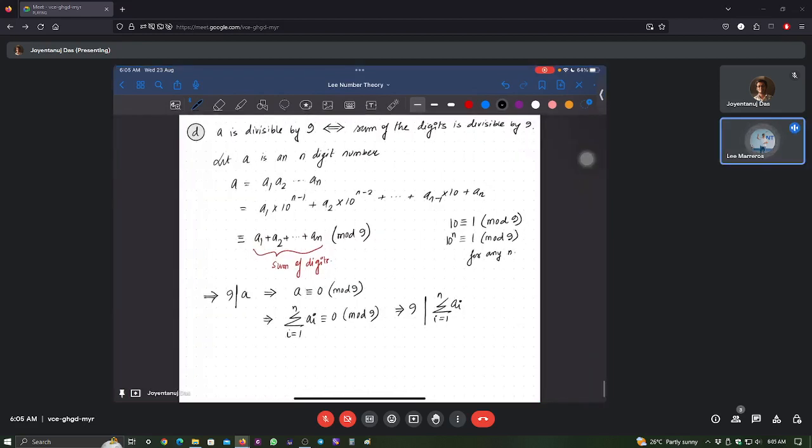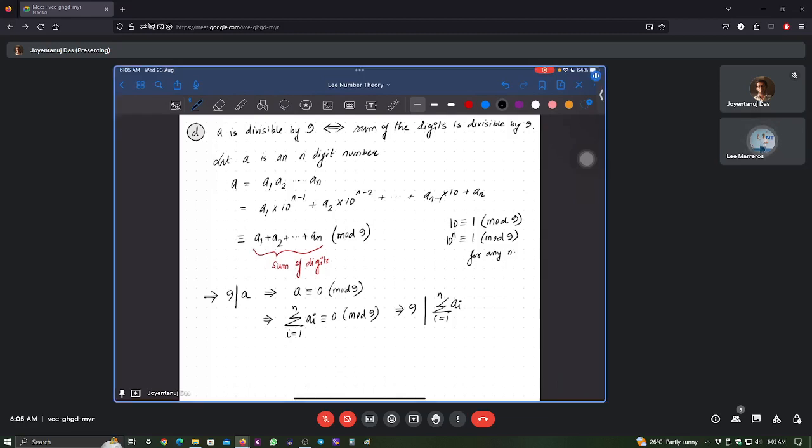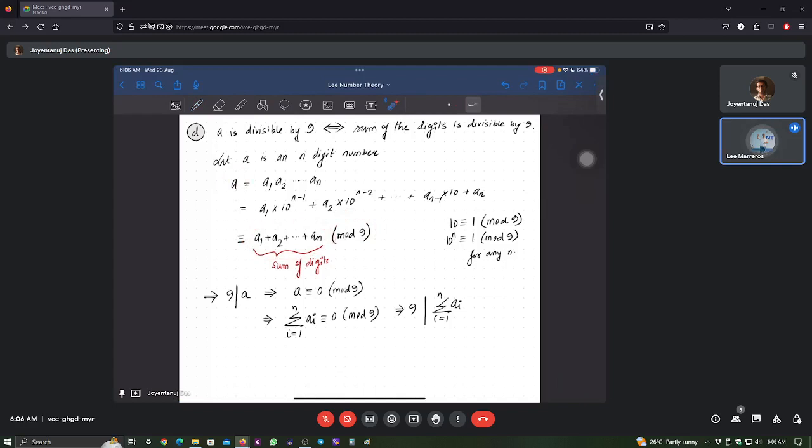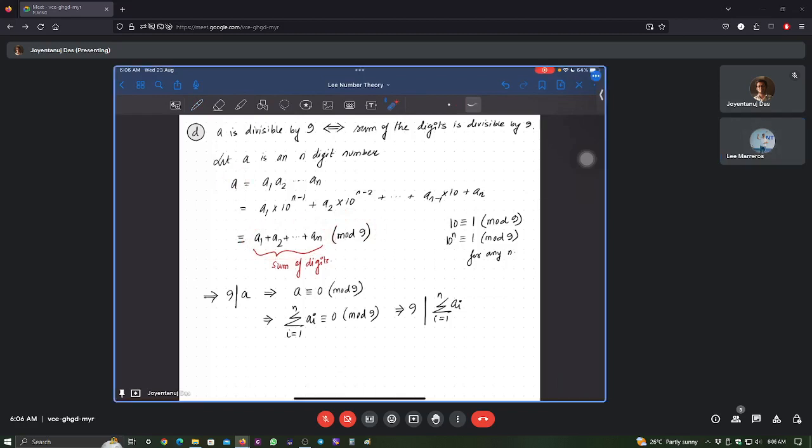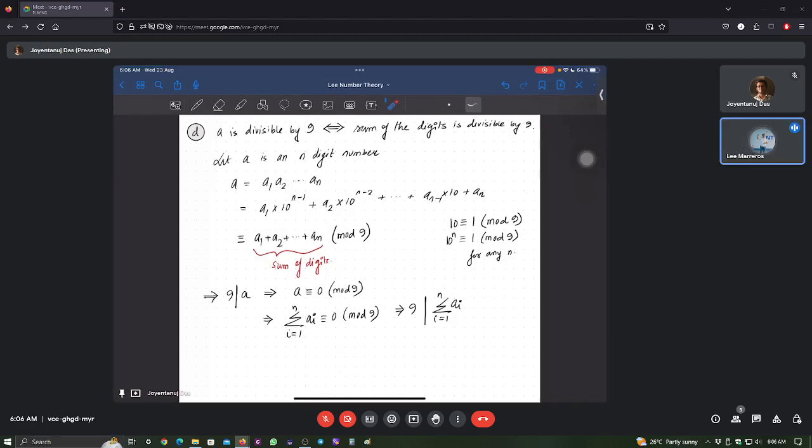Wait a minute. How do you get from a to the sum of the ai? Because what I showed previously is that in modulo 9, a is congruent to the sum. So in modular notation, a is equivalent to 0 mod 9.